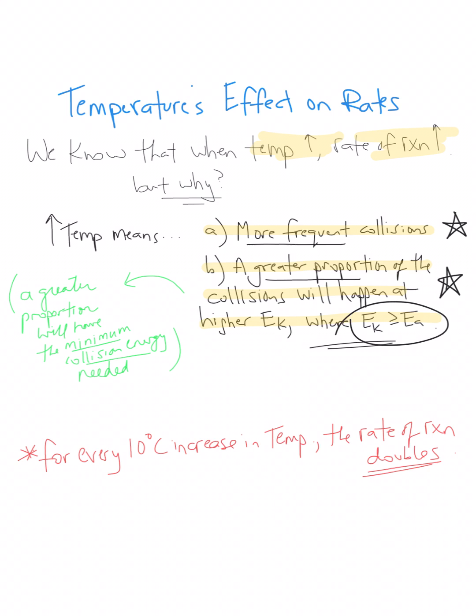If you want to quantify this a little bit more specifically, and we'll get into these details as we look at the Maxwell-Boltzmann distribution, for every 10-degree increase in temperature, the general rule is that the rate of reaction will double. So every time you increase it by 10 degrees Celsius, the rate of reaction will get twice as fast. So if you're increasing it by, let's say, 20 degrees Celsius, you would expect it to get 4 times faster.